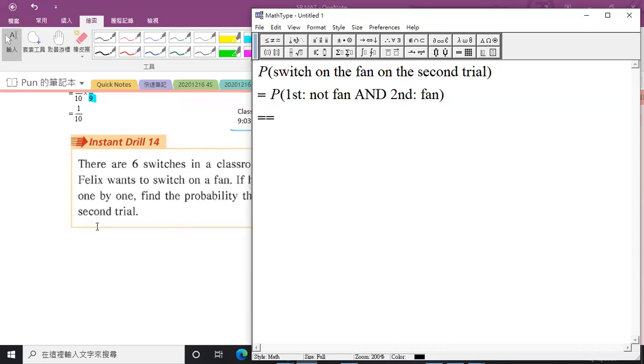Okay, so now the P(A and B) will be translated into P(A) times P(B), right?